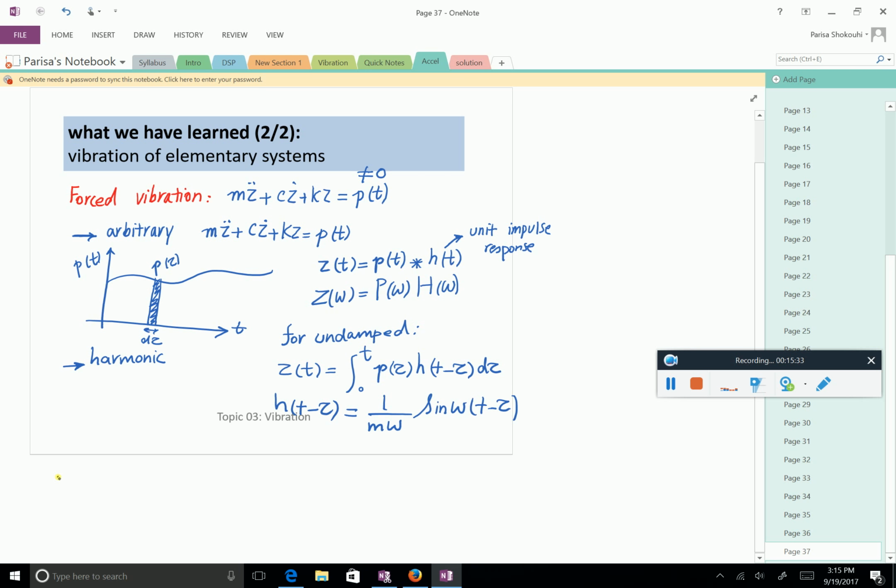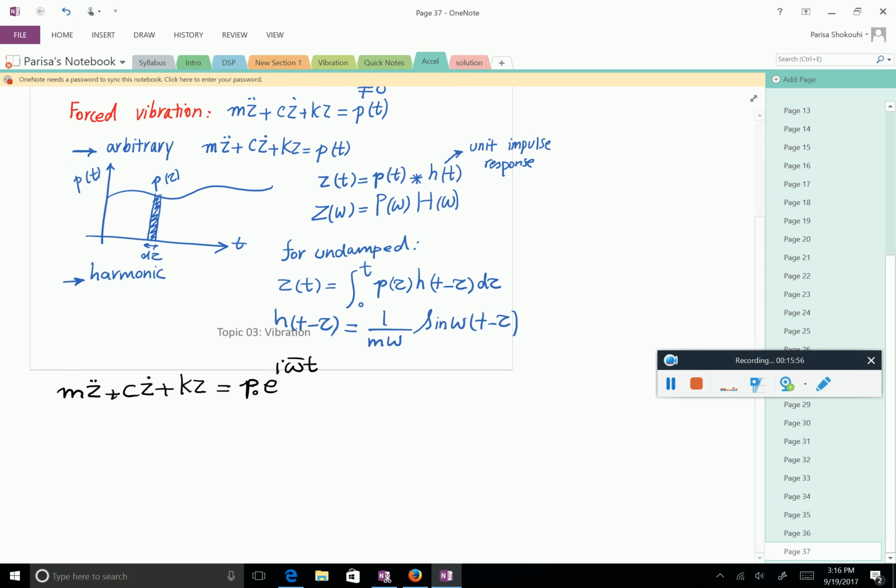If we have a harmonic system, harmonic loading, it means just that P(t), the force function, we can write as some harmonic. I like exponential and complex, it makes everything much easier.